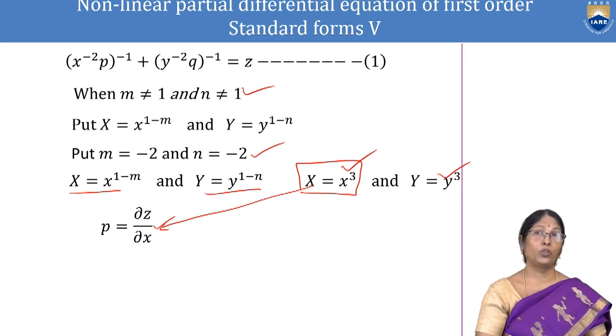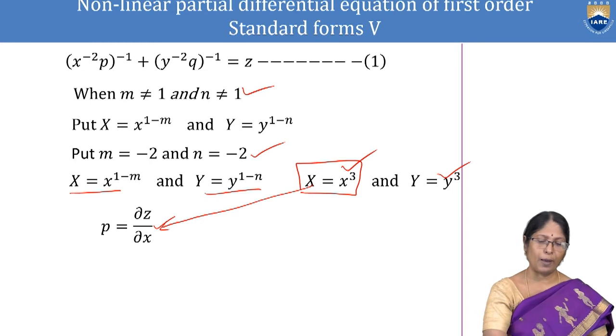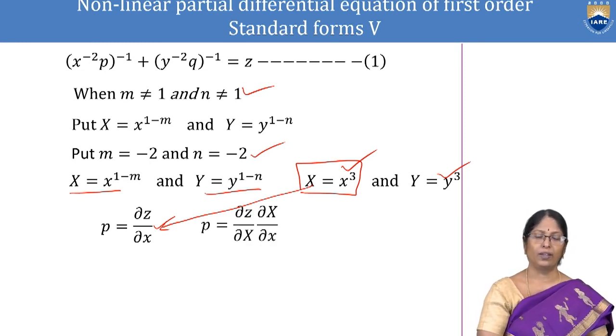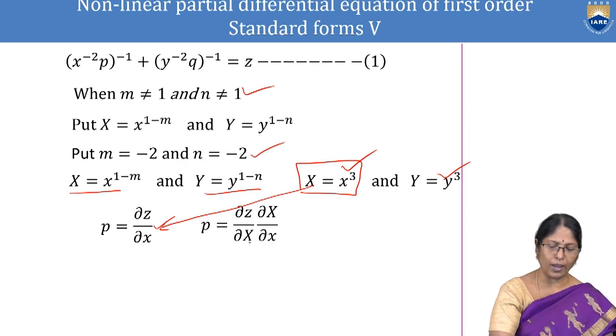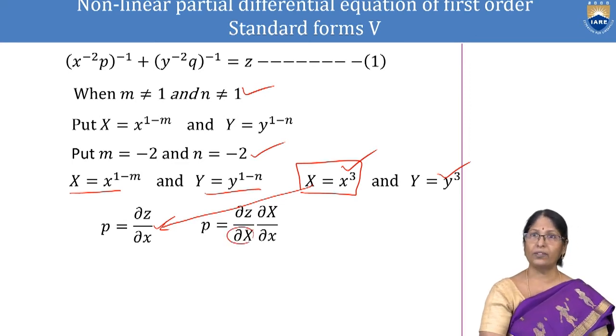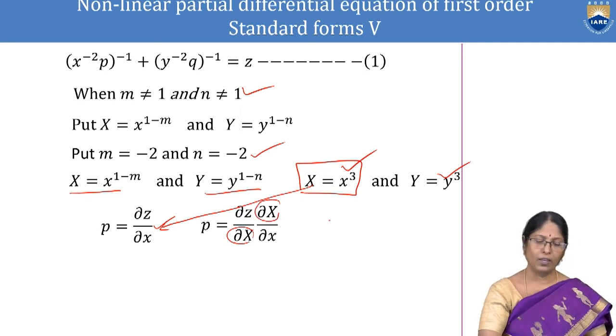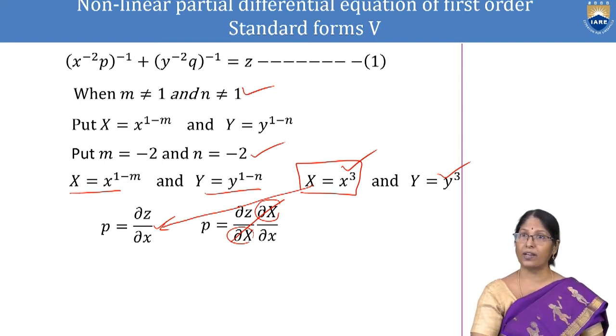How do we insert this capital X here? A very simple way: dou z by dou capital X into dou capital X by dou x. If you cancel it, the balance gives the previous one. So mathematically it is correct.